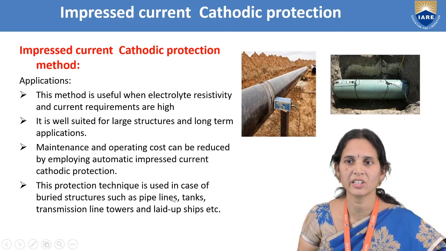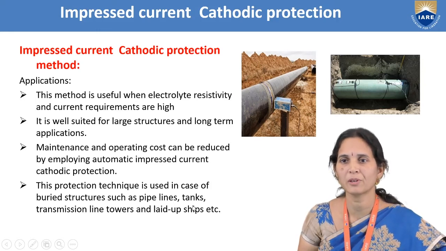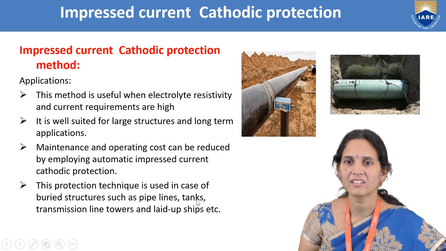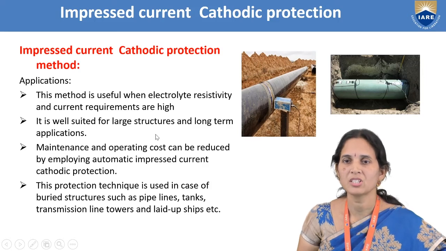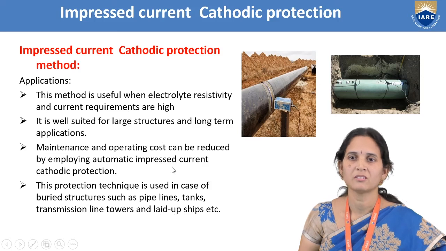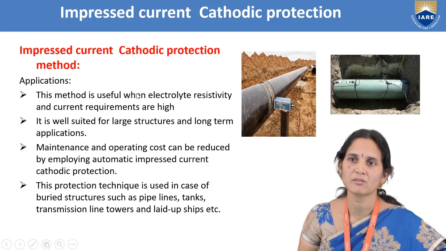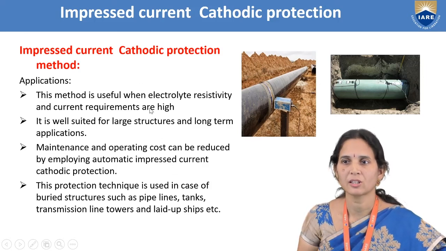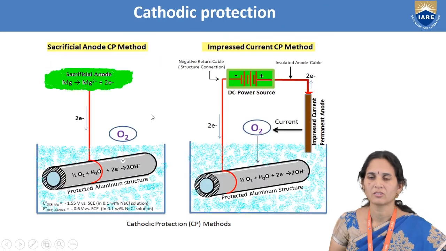This protection technique is used for buried structures like large pipelines, large tanks, transmission line towers, and laid up ships. It is a very useful method for ships and transmission line towers also.